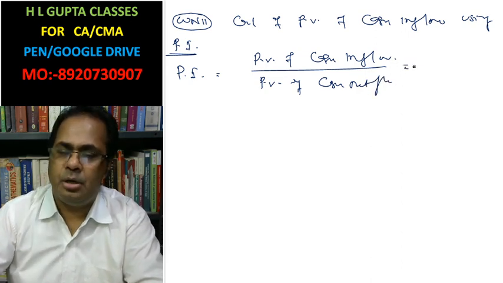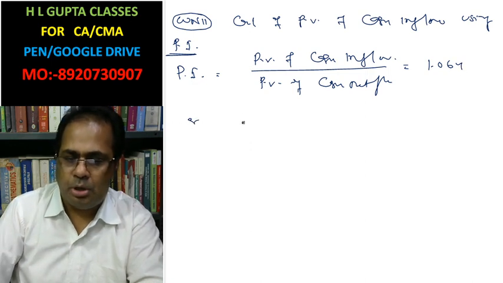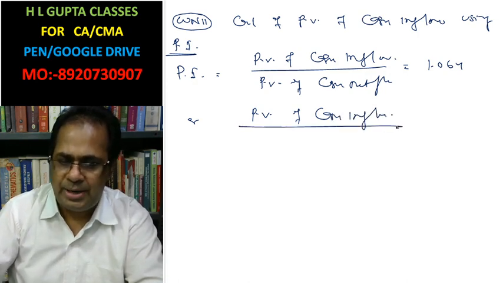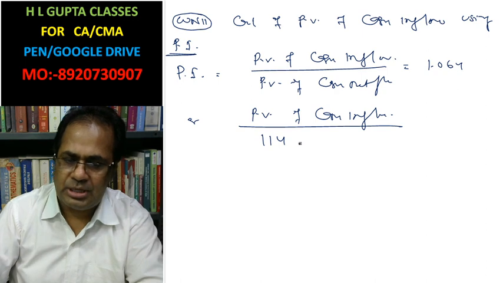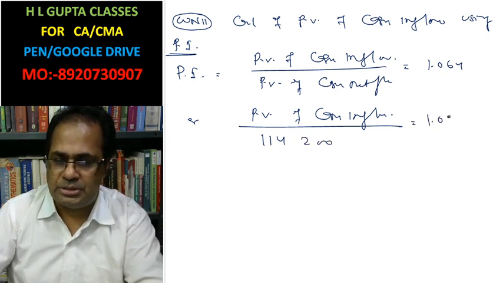Look at here, this is 1.064, or present value of cash inflow divided by 1,14,200. This is 1.064.